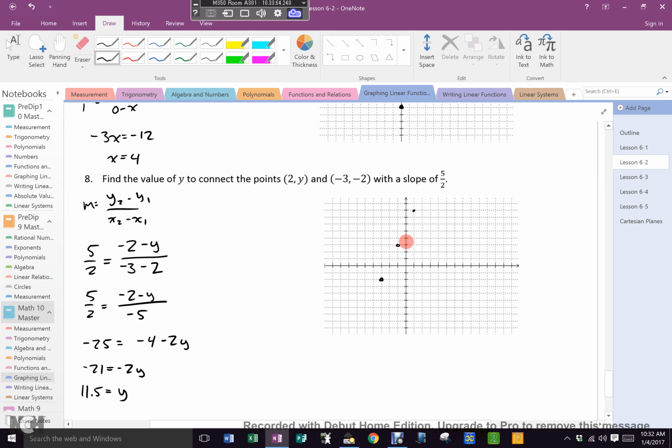So since I'm going to go off the graph, can I even use the graph in this one? No. I had to do it algebraically. Does everybody get it? Because it's going to be way up here somewhere. Is everybody good? Awesome, possums.